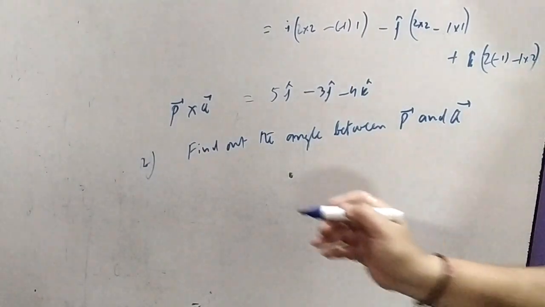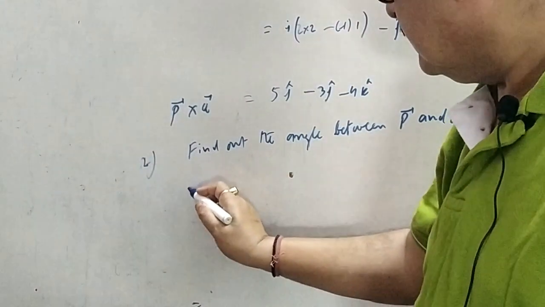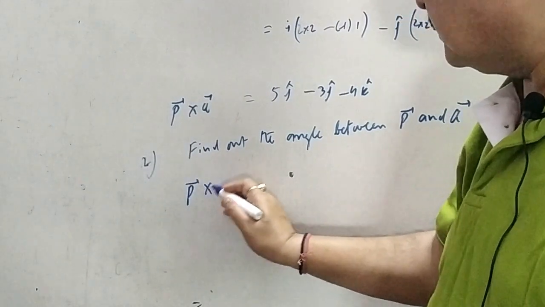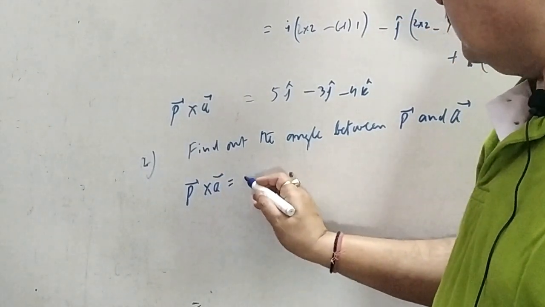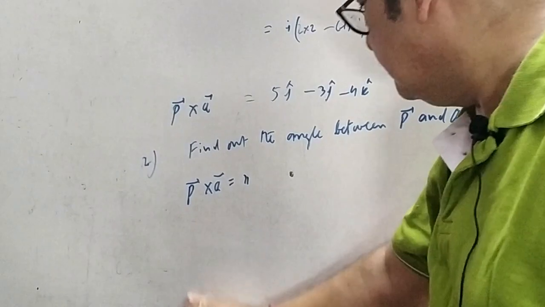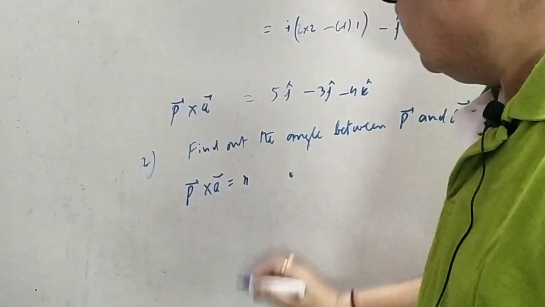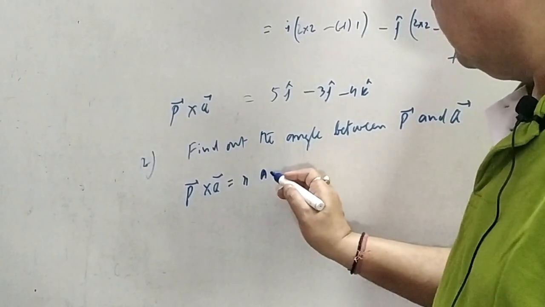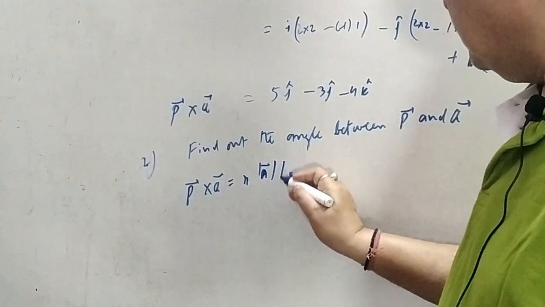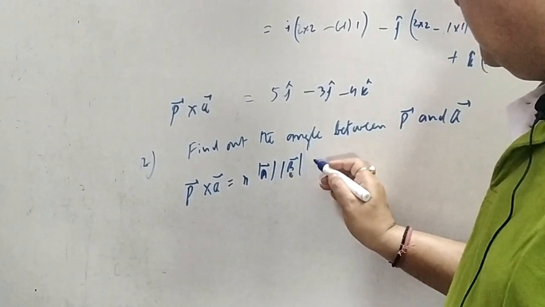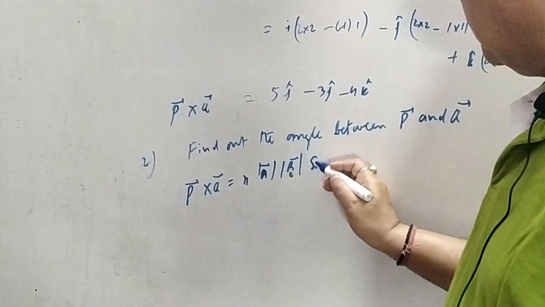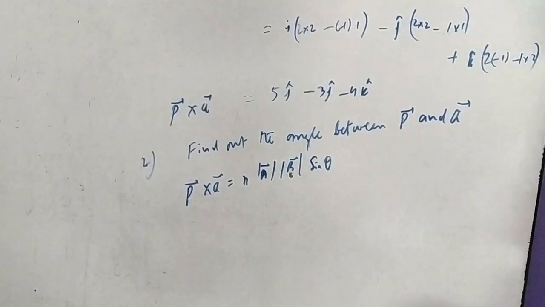Okay. How to find? We know that P cross Q equal to n A B sin theta. Clear?